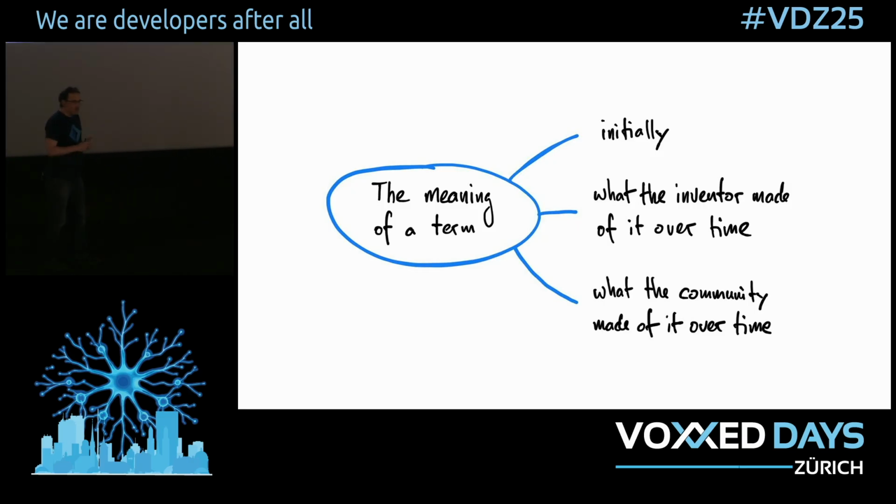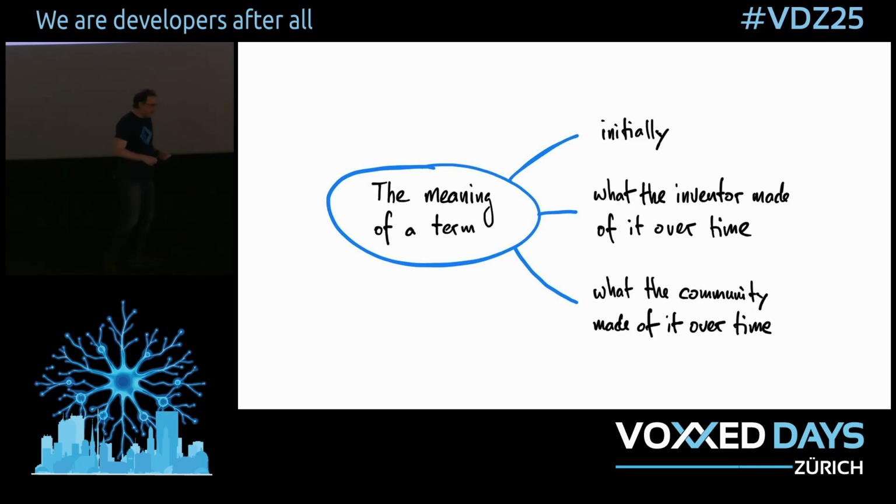And when an idea gets a little bit of traction, the inventor typically adapts the idea to more scenarios, makes it more general, improves it. And when an idea really gets into the mainstream and the whole community comes along and all the tool vendors, they typically change the meaning of a term quite dramatically.